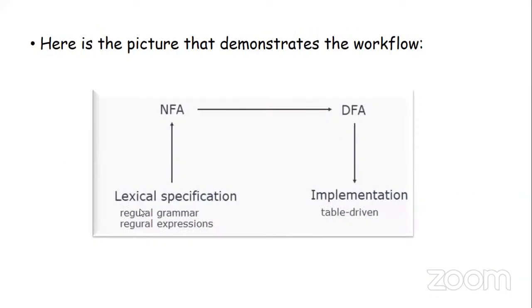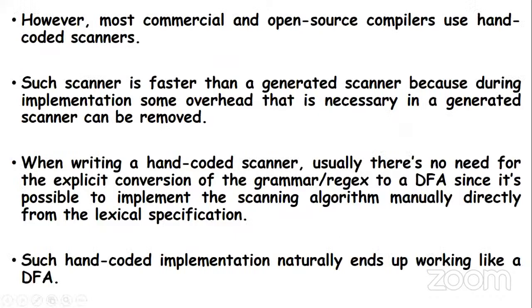So you could have a lexical analyzer converted to a non-deterministic finite state automaton, then converted to a deterministic finite state automaton, and implemented in the form of a table-driven scanner. However, most commercial and open source compilers use a hand-coded scanner.